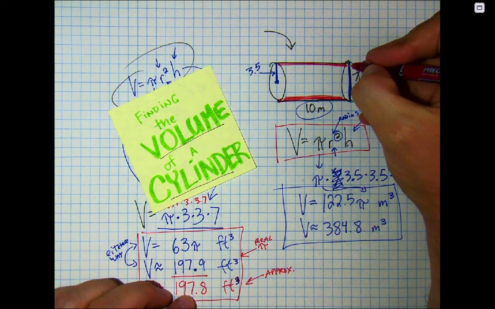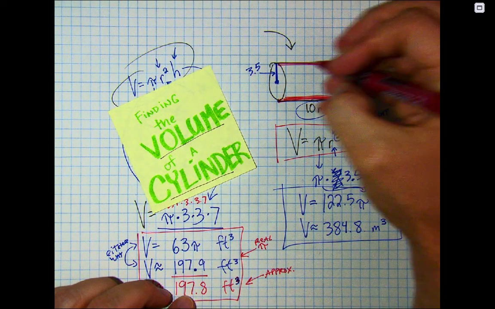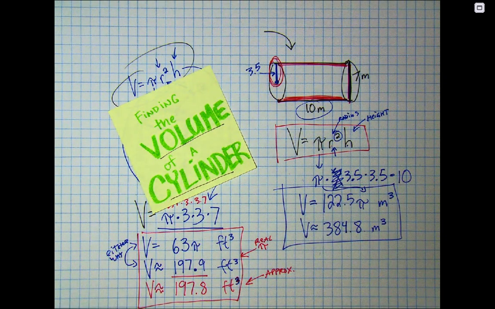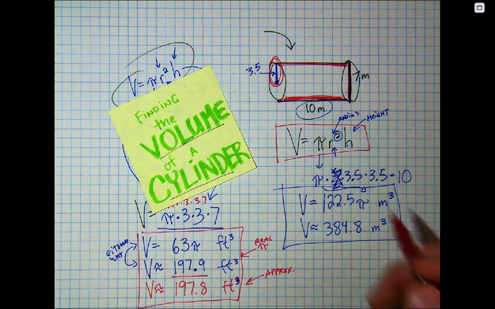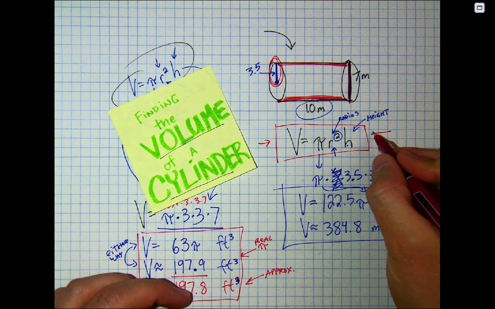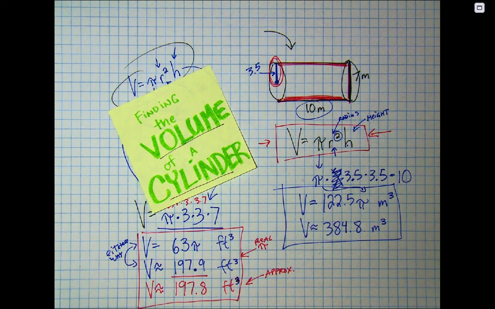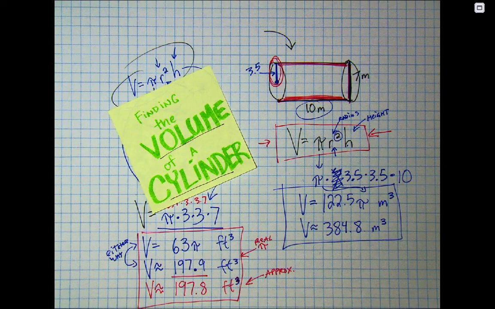And don't get trapped by a diameter. Make sure you're using the radius whenever you're using this formula. All right, that's all I have to say about the volume of a cylinder. You're just going to be plugging a bunch of numbers into this formula and finding some volumes.